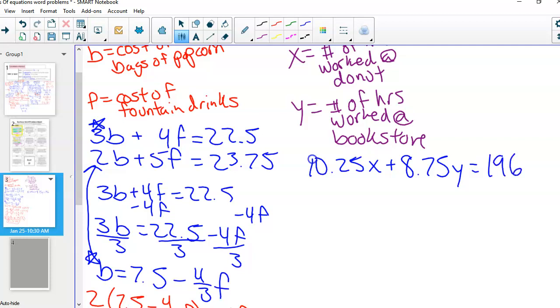If we knew how many hours he worked at both, we could find the total amount he earned, which was the 196. Now, we know that the total number of hours he worked was 20, and we know X and Y are the number of hours he worked at each.